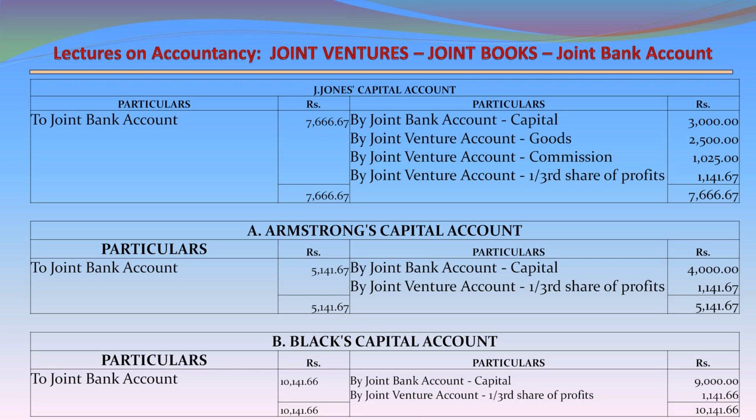By joint venture account, 1/3 share of profits 1,141.67. Total 10,141.66. To joint bank account 10,141.66. So J. Jones finally will get 7,666.67, A. Armstrong will get 5,141.67, B. Black will get 10,141.67.